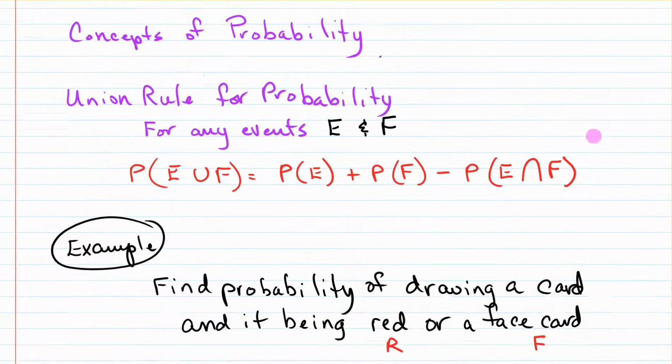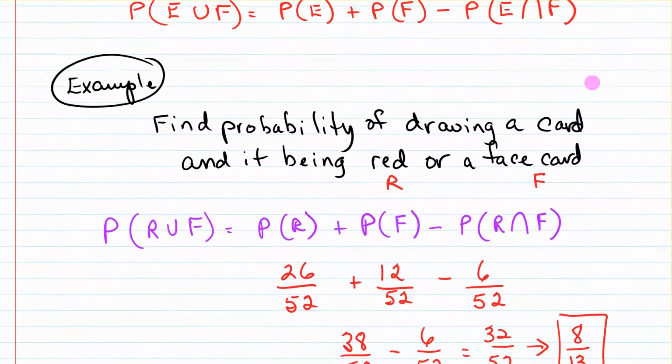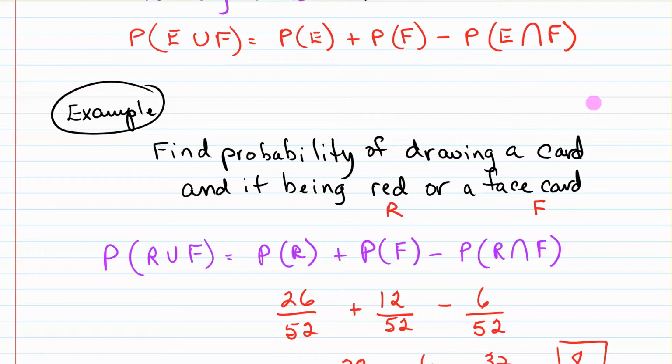So let's look at that in an example. Find the probability of drawing a card and it being red or a face card. So the probability of R union F, that it will be a red or a face card. Well, the probability of red plus the probability of a face card minus the probability of that intersection.